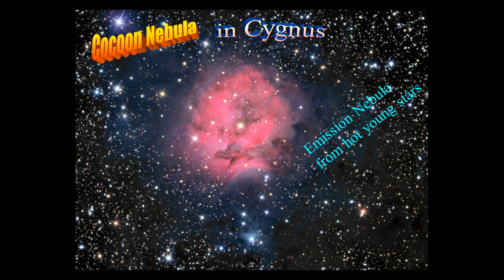Some of the objects we see in astronomy are so beautiful because of this downward transition of the electrons in hydrogen atoms. And this is a case in point, the Cocoon Nebula in Cygnus. It's an emission nebula. It consists of a whole bunch of atoms of hydrogen that are in the excited state, and as the electrons transition back down to a lower energy level, they emit that hydrogen alpha line, which is the red emission line in the Balmer series.